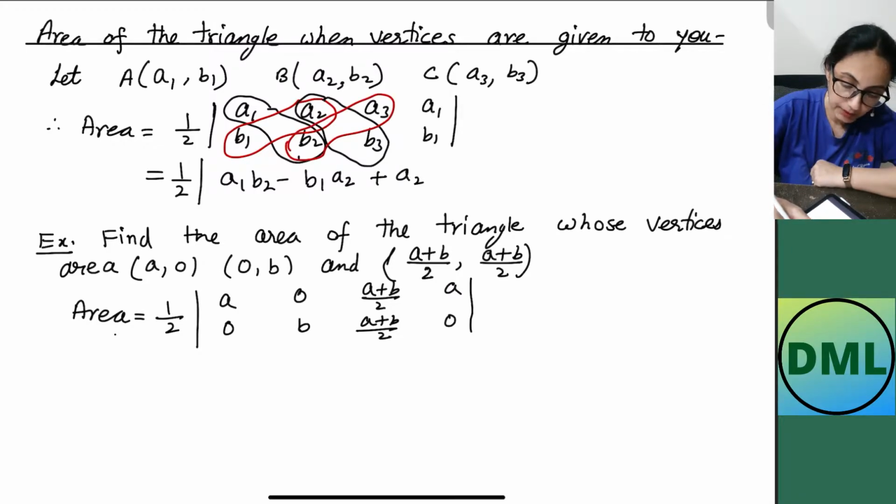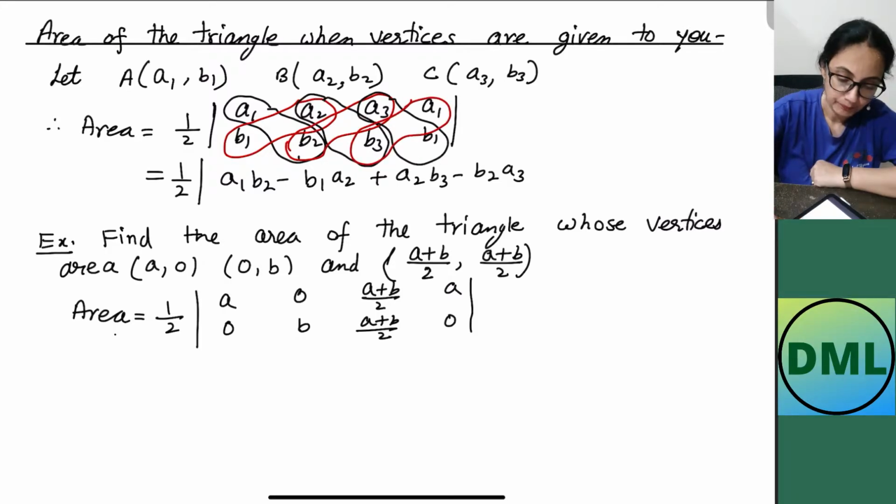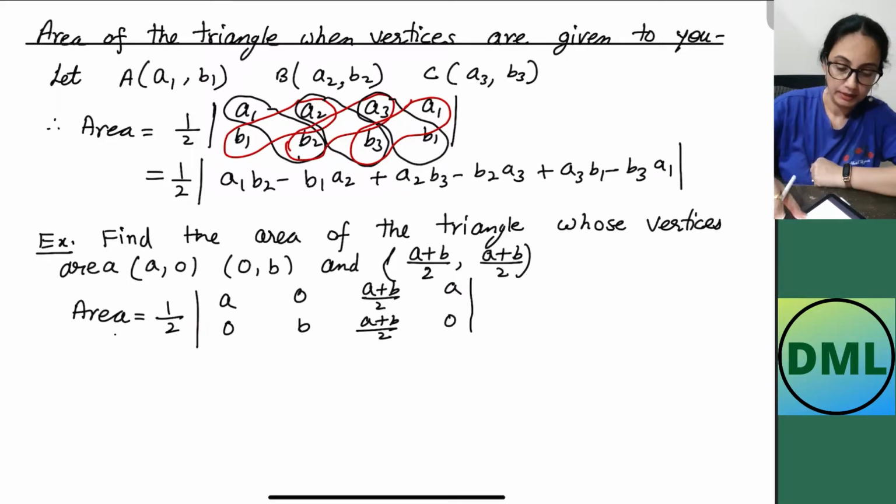It's given by a2 b3 minus b2 a3. Now I have to multiply a3, b1, and then subtract b3, a1. So it will be plus a3 b1 minus b3 a1, and then put the mod again. This is our area of the triangle when the coordinates are given to us.